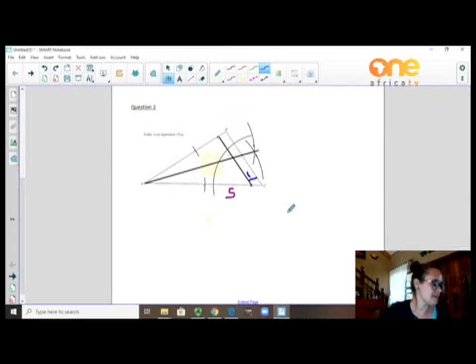So the treasure is nearer to AB than to AC. So nearer to AB, nearer to this side, than to AC. So somewhere on this side. More than 10 meters from the line BC. So 10 meters, that's 1 centimeter, so it is in this region.